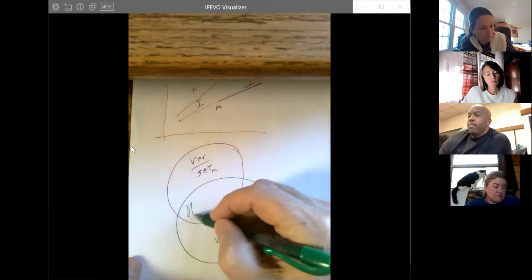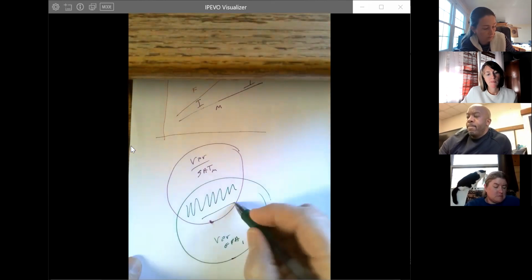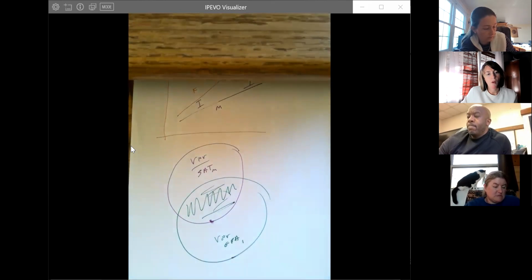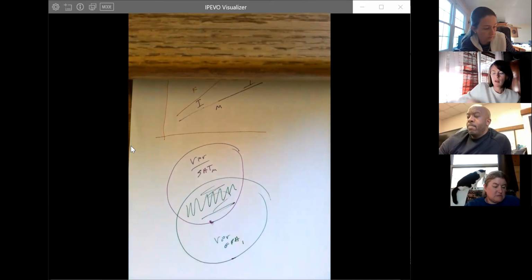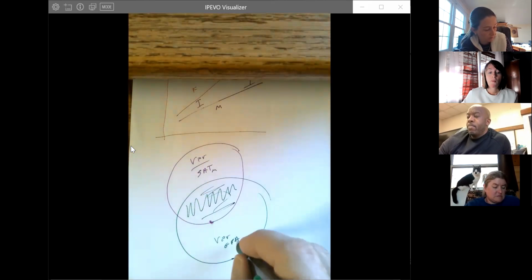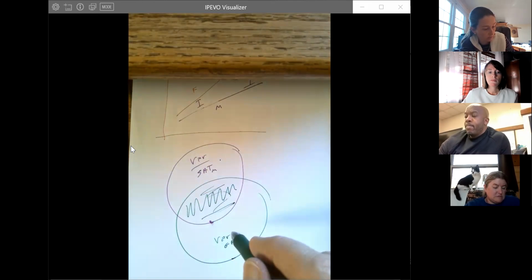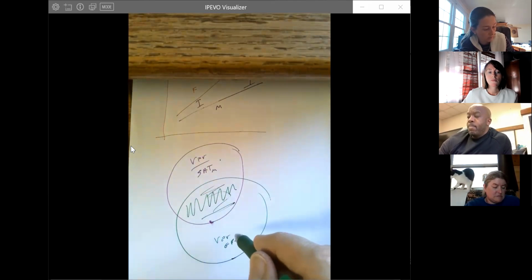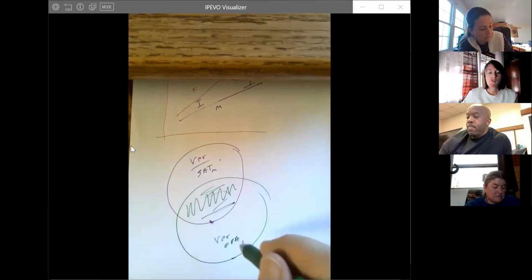This area in here represents what's called shared variance. And that's how much these two variables share of whatever it is they're measuring with each other.